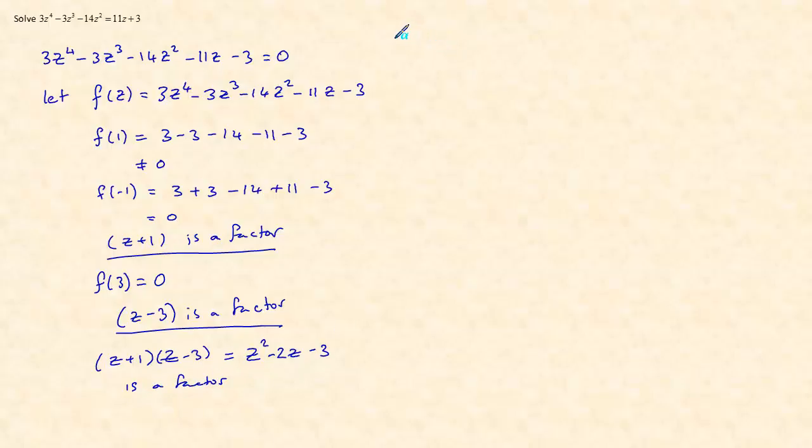So we can say that 3z to the 4 minus 3z cubed, take away 14z squared, take away 11z, take away 3, is equal to z squared minus 2z, take away 3, and then we need another quadratic. To get 3z to the 4, I need 3z squared. With a negative 3 here and negative 3 here, I need a plus 1, and we'll need an az.